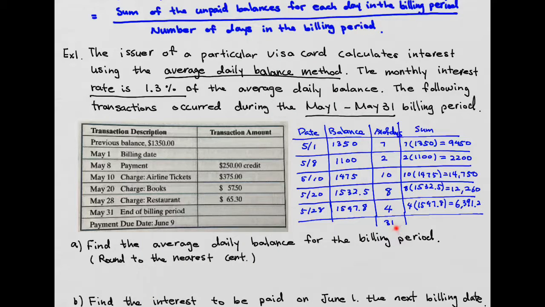If you get 30 days, you probably made a mistake there. And your total of this, adding them up, you're going to end up getting 45,051.20. This is the total.